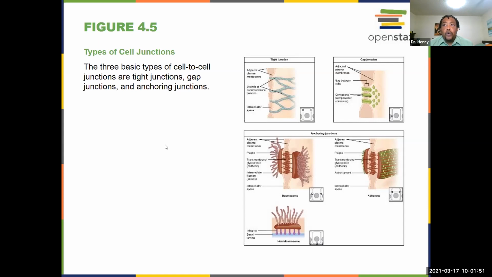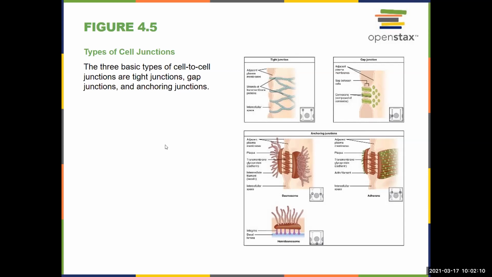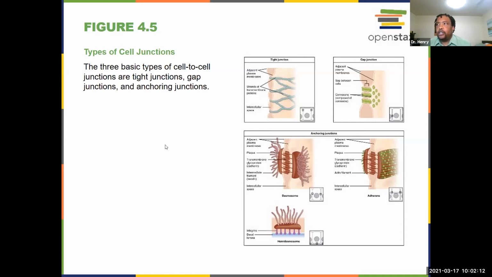We have what we call tight junctions, which basically adhere two cells together. We have gap junctions, right? Again, you're adhering things together, but in the case of gap junctions, you're closing gaps between things. You're using something to close this gap, okay?